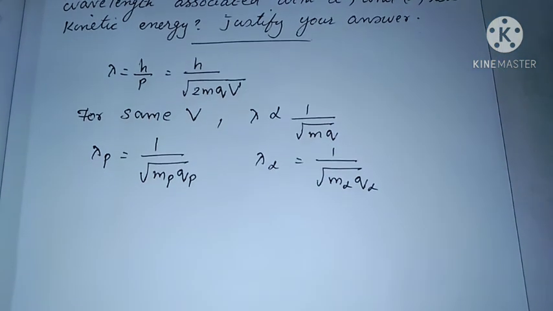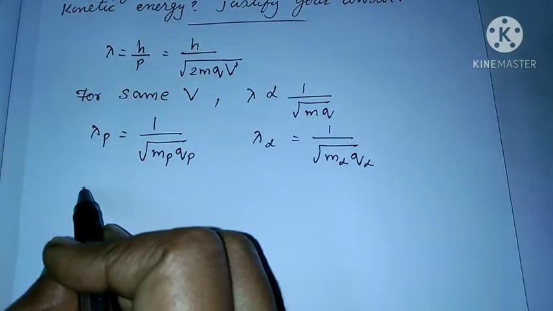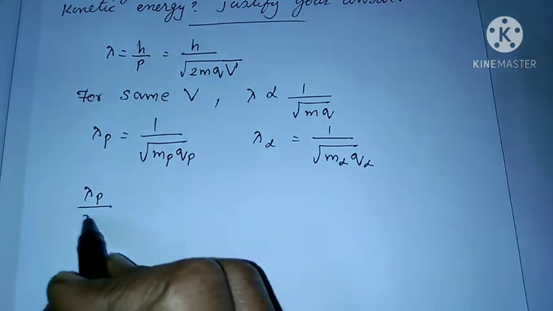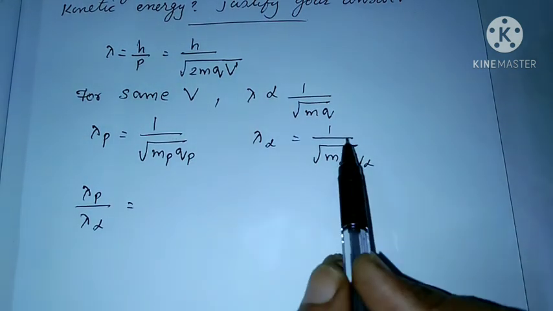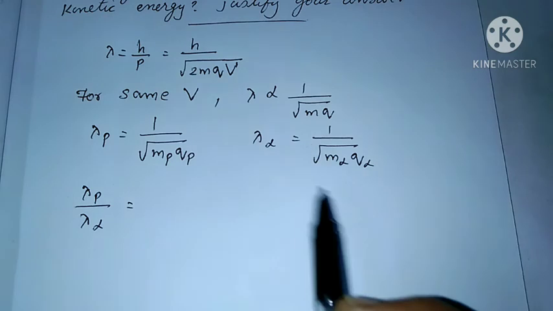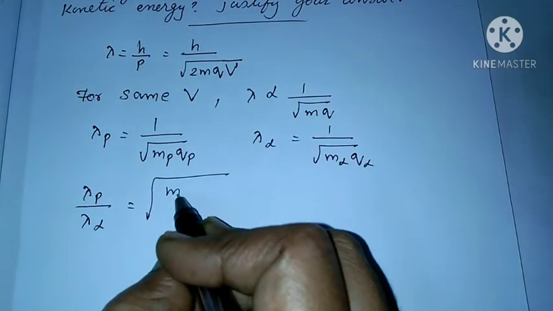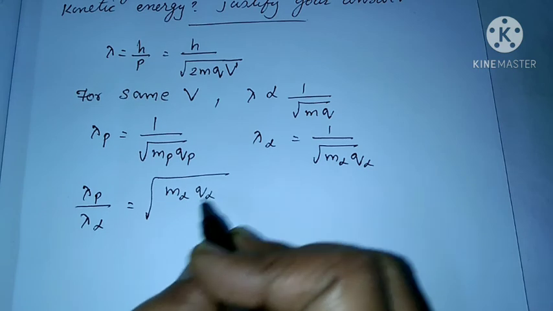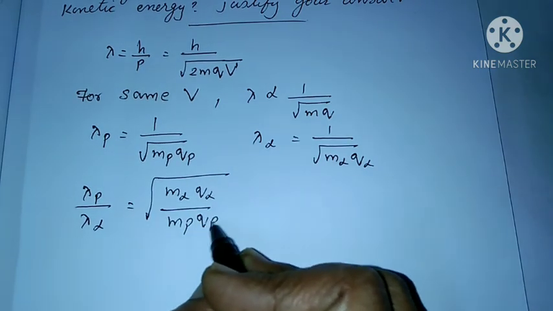Then you divide these two equations, lambda p divided by lambda alpha. So what happens here? Root of m alpha q alpha comes in the numerator, so we can write root of m alpha q alpha divided by mp qp. Clear?